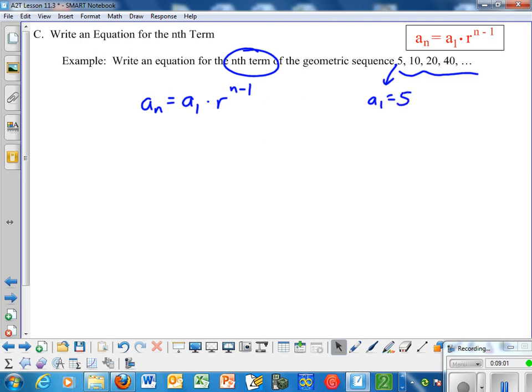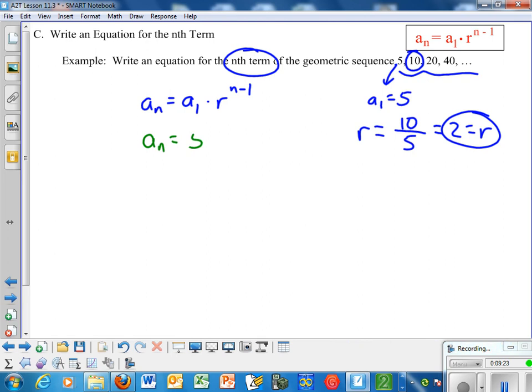A1 is the first term, that's 5. To find r, I take a term, 10, and divide by the term in front of it, which is 5. So r is 2. That's what I'm multiplying by between terms. So here is my equation for the nth term: a_n stays a_n, we're just writing it in terms of n.